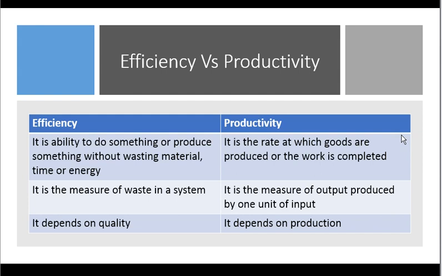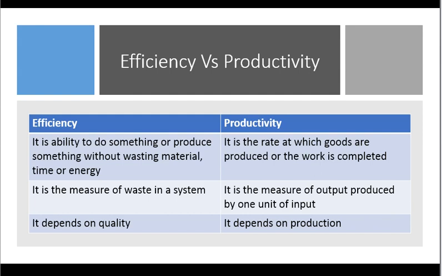Suppose in your production you produce 10 products. In the 10 products, suppose 3 are defective. So what is the efficiency of your process? It is nothing but the good products, 7, divided by the total number of products, 7 by 10, which is equal to 0.7. So I hope it is understood.